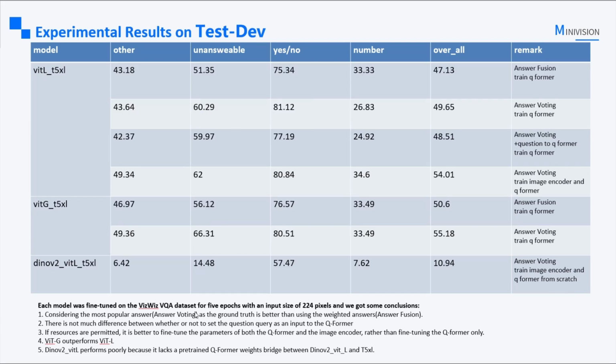The fourth one is, ViT-G outperforms ViT-L. And the last one is, DINOv2 ViT-L doesn't perform well, because it lacks pre-trained Q-Former weights, which bridge between DINOv2 ViT-L and T5.